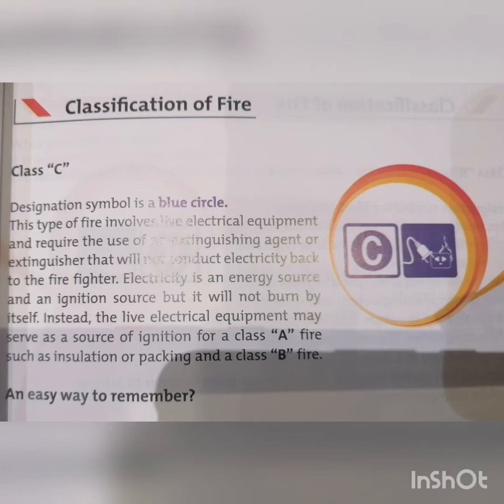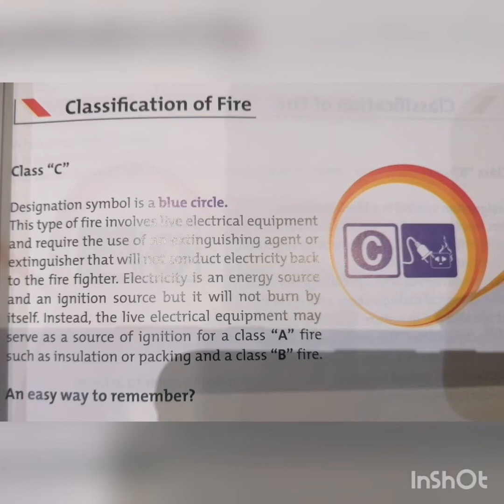requires the use of extinguishing agents that will not conduct electricity back to the firefighter. Electricity is an energy source and an ignition source, but it will not burn by itself.